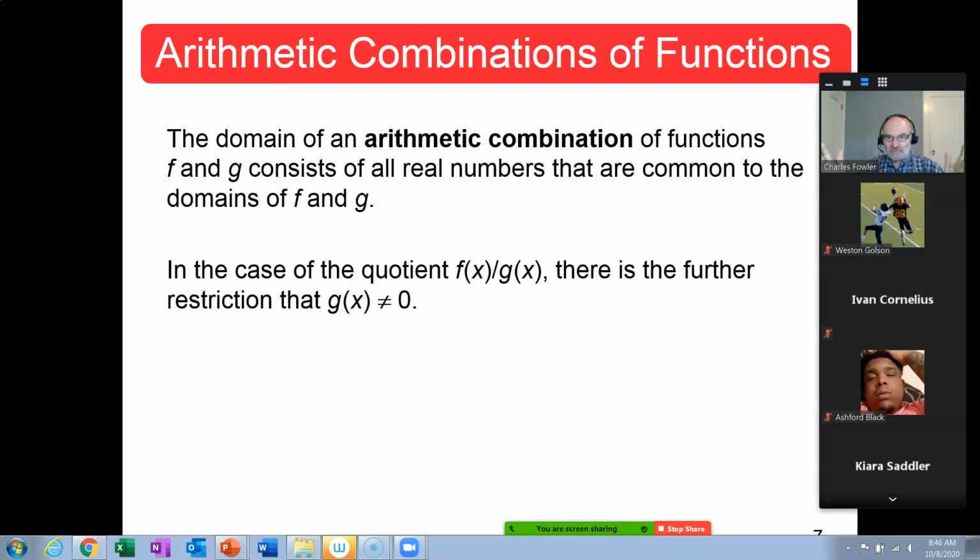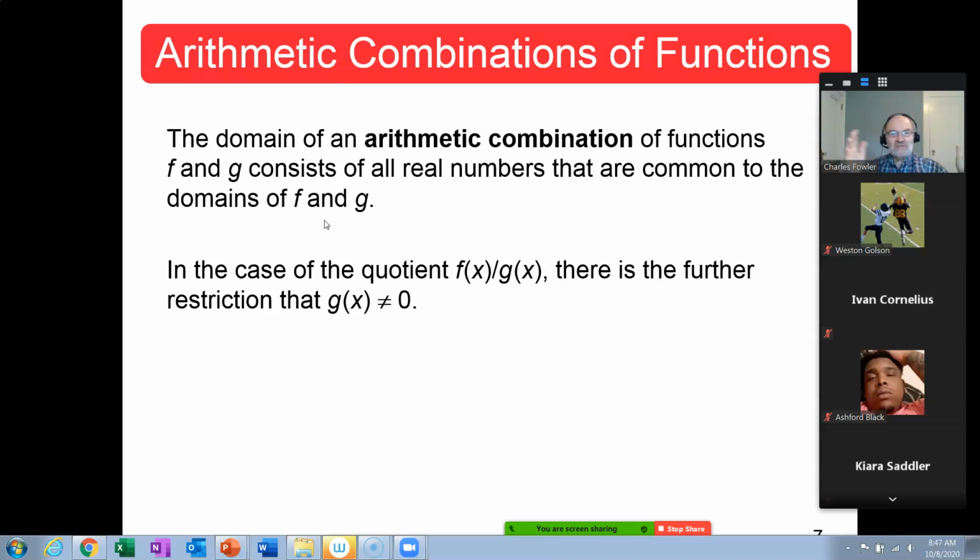Adding, subtracting, or multiplying two functions produces a new function. That new function would be between -5 and 3, because the first was -10 to 3, and the other was -5 to 14. You have to restrict the domain of the combination function to what's common to the domains of f and g.